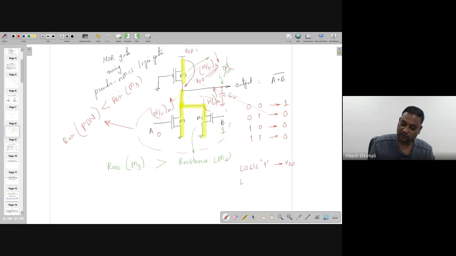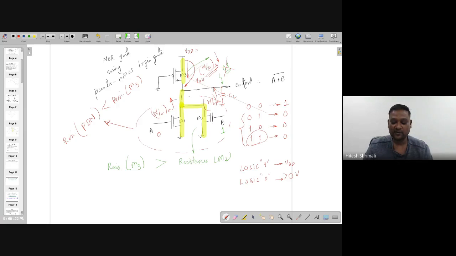But when you want to achieve logic 0, that is, when one of the inputs is 0 or both inputs are 1, our output will be 0. Actually it will not be exactly 0, but a little bit higher than 0 volt, because some voltage drop will be here because of the current flowing through this particular device.